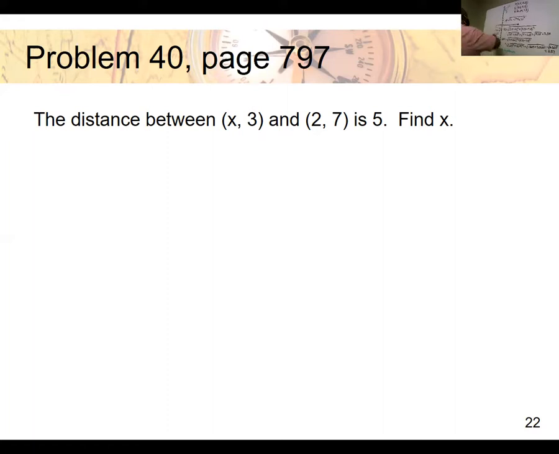So here, we do need to use the distance formula, but this time we are going to find what x is. We've got x, 3 and 2, 7. The distance is 5. We need to know what x is.